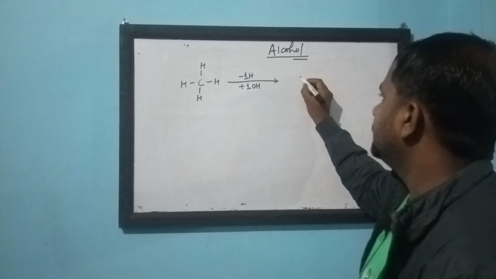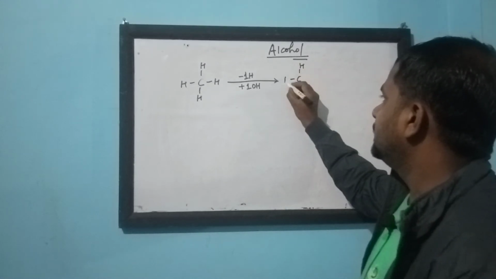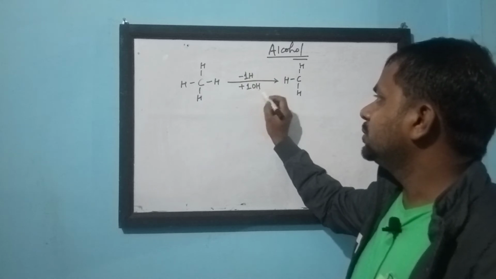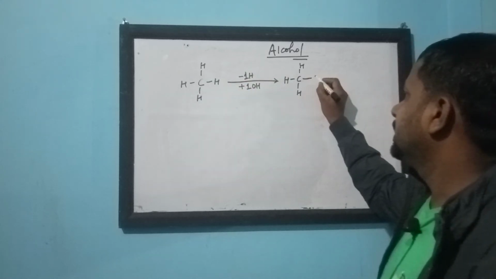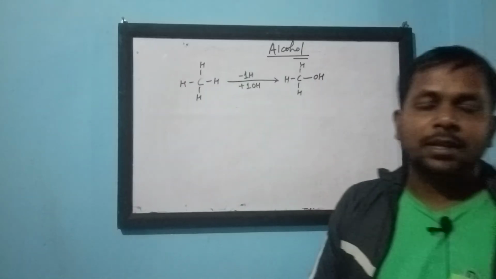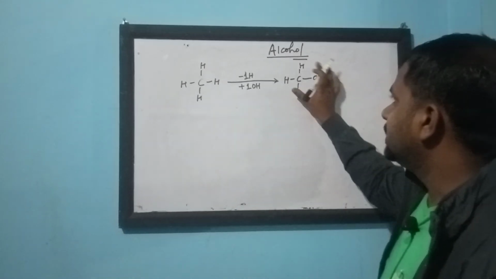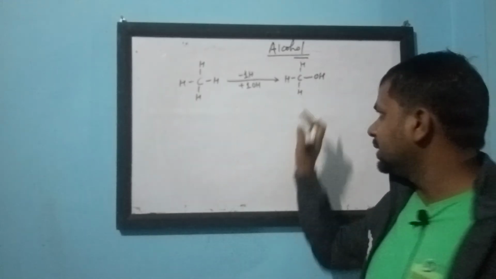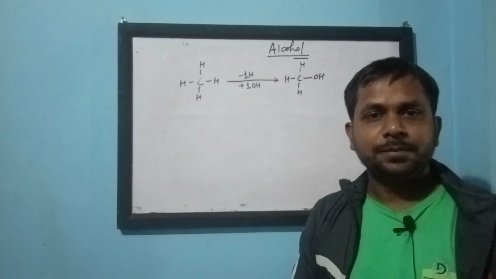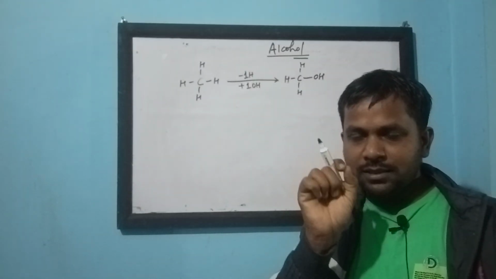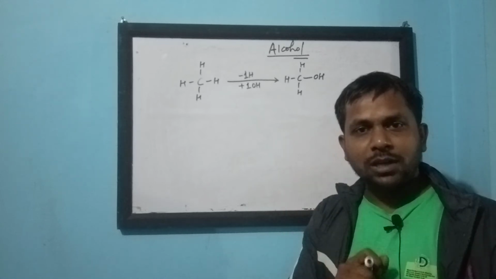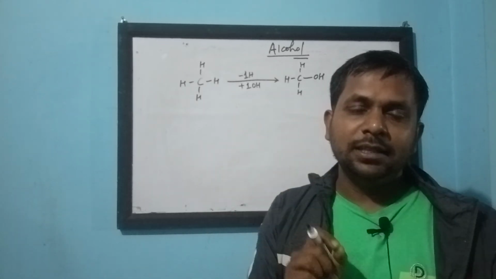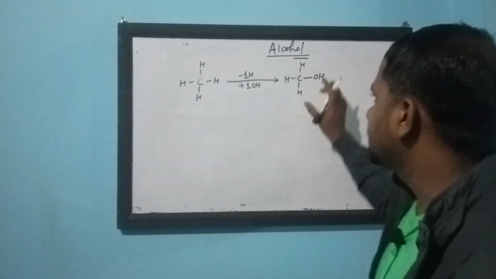Suppose this hydrogen is removed and this OH is added over here, then this becomes alcohol. When one hydrogen is removed, it becomes an alkyl group, and if an OH group is added at that place, it becomes alcohol.